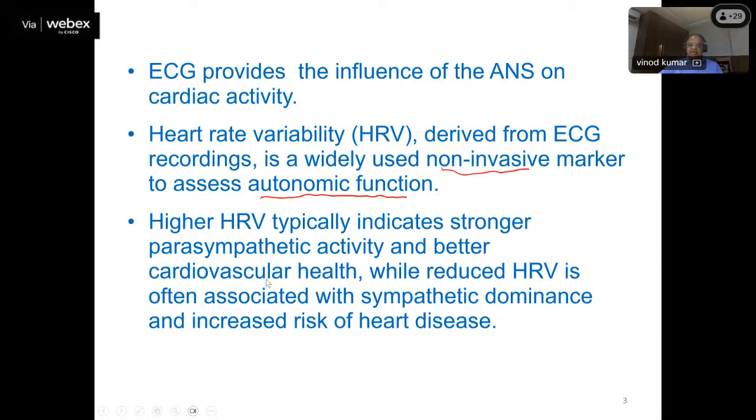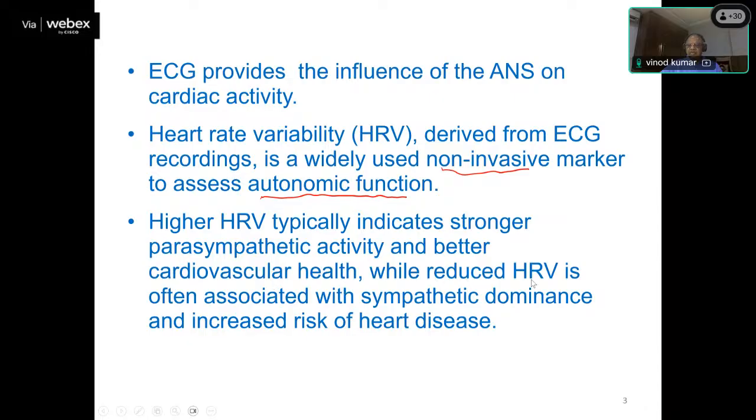That is better cardiovascular health. And that means if the cardiovascular health is good, our HRV will be high. Or otherwise, you can say if HRV is high, our cardiovascular system is healthy.